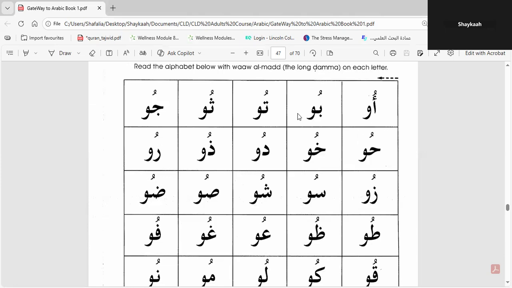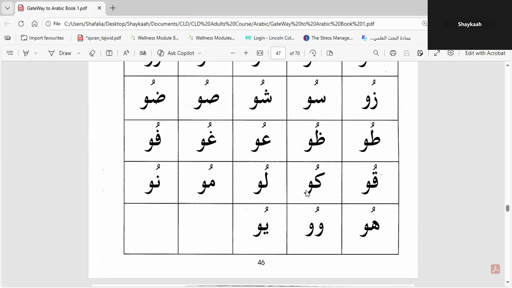U, bu, tu, thu, ju, hu, khu, du, dhu, ru, zu, su, shu, su, du, tu, dhu, u, ru, hu, ku, ku, lu, mu, nu, hu, wu, yu.